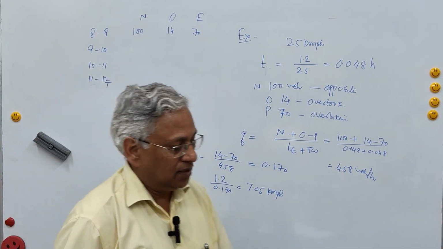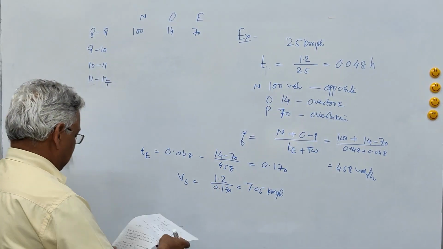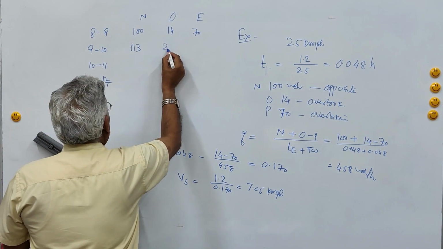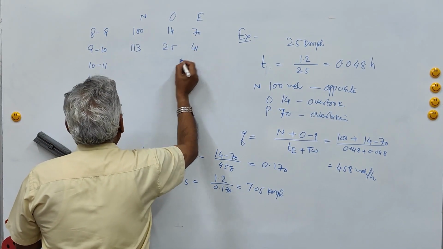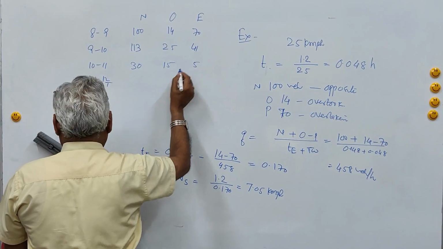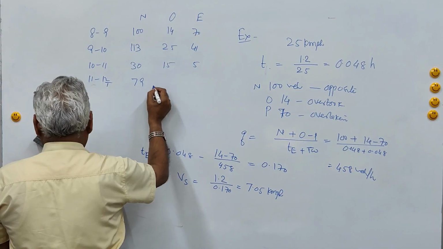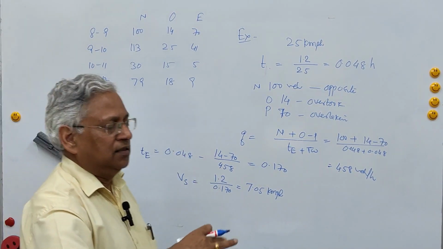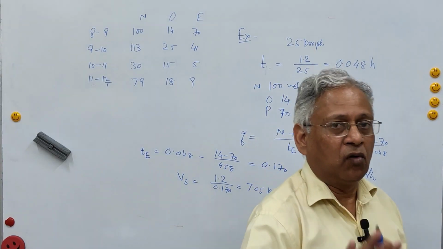For 9 to 10, this data may change, and let us say this is 113, 25, 41, 30, 15, 5, 79, 18, 9. These data are collected by making 4 runs.